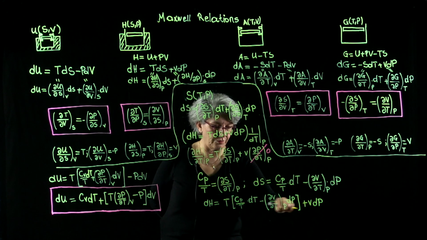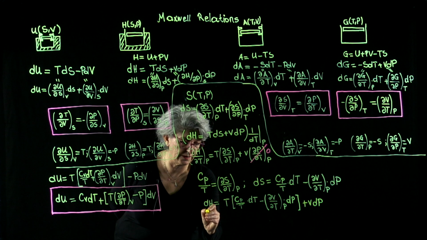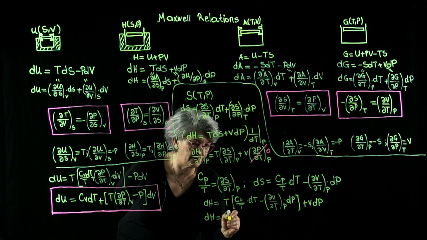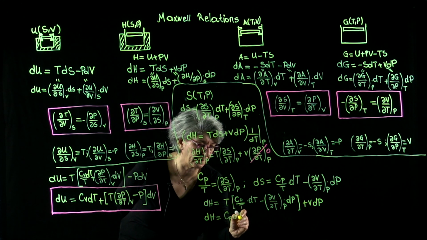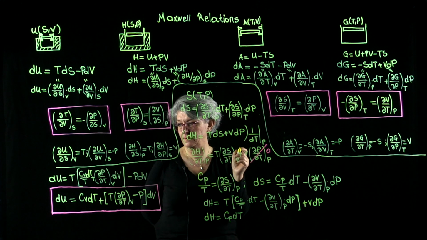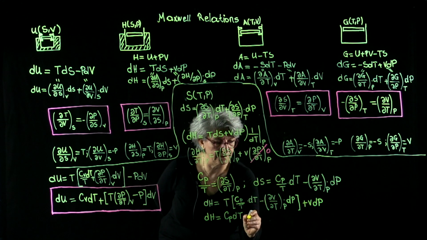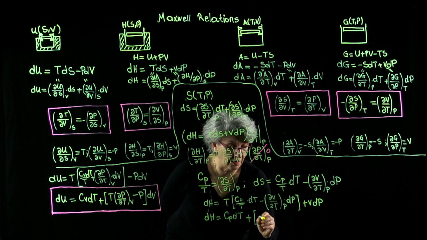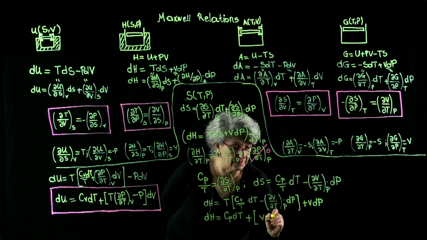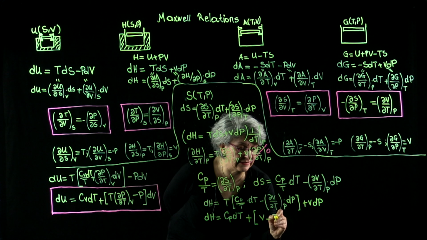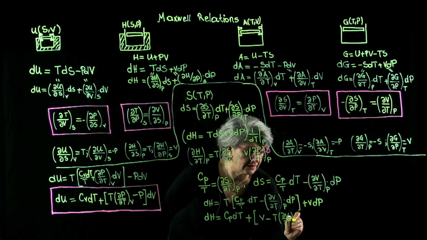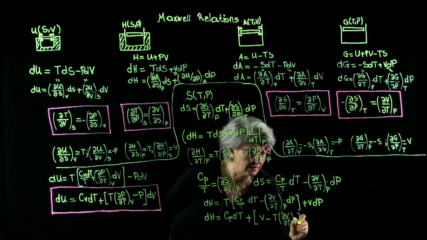I will group similar terms together, do a little bit of housekeeping. dH is equal to Cp dT plus square bracket V minus T times del V over del T at constant P, times dP.